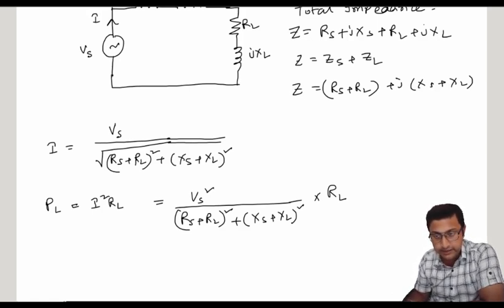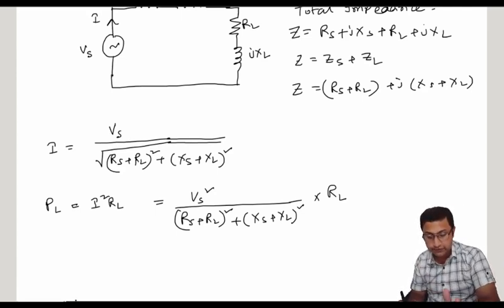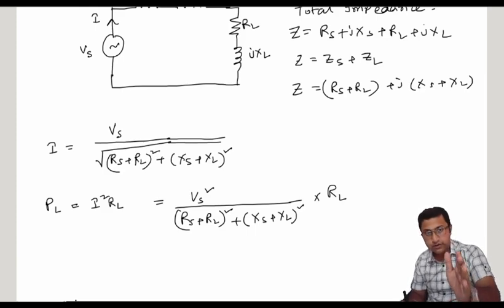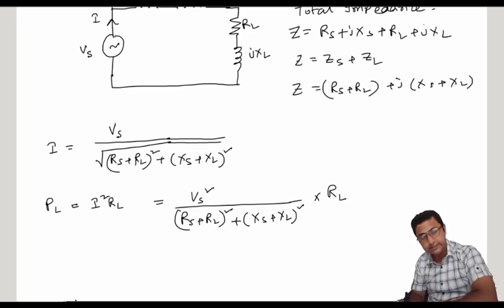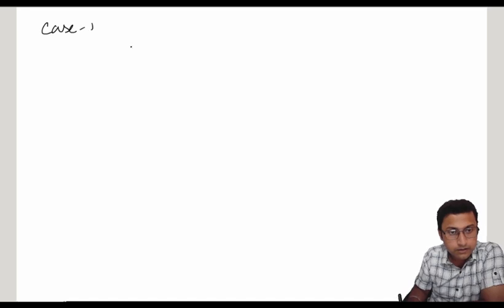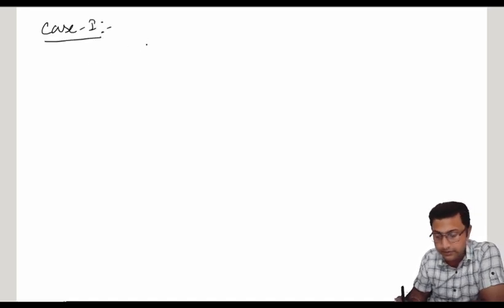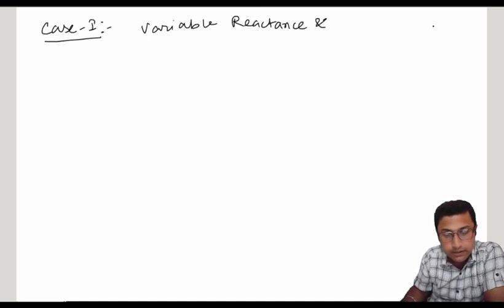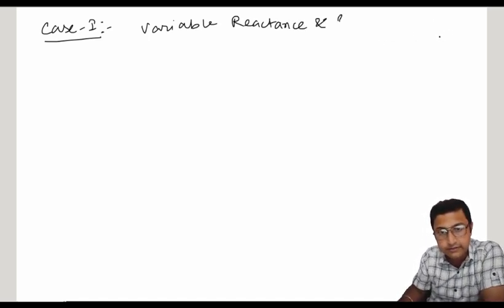So now in this case, basically here I can consider two cases. The first case is the load consisting of variable resistance and variable inductance. So case 1 will be variable reactance and fixed resistance.